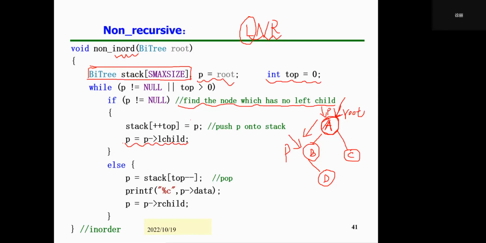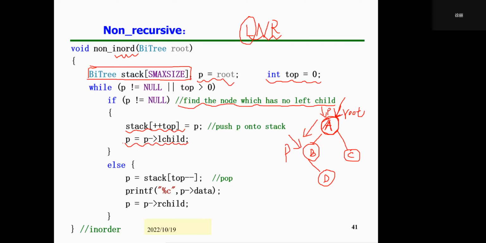We need to use a stack to store this node. So here we use a stack to store the addresses of the nodes which we can visit later, right?